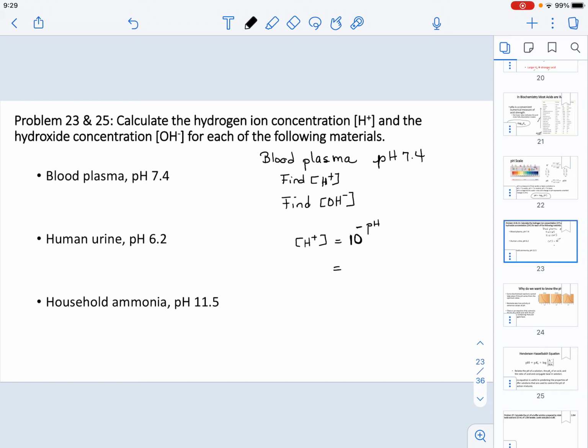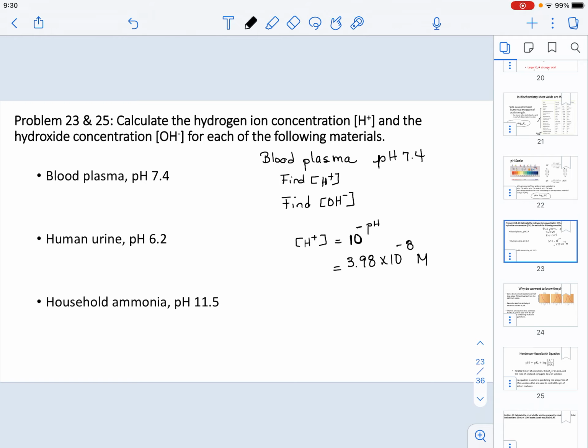So if we put 7.4 negative in our calculator and raise 10 to that power, that is going to give us a value of 3.98 times 10 to the negative 8. And remember, because it's concentration, it's going to be molar.